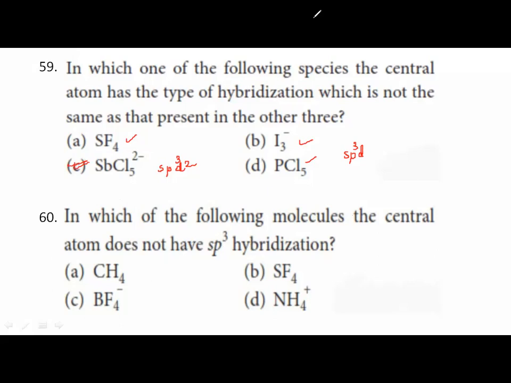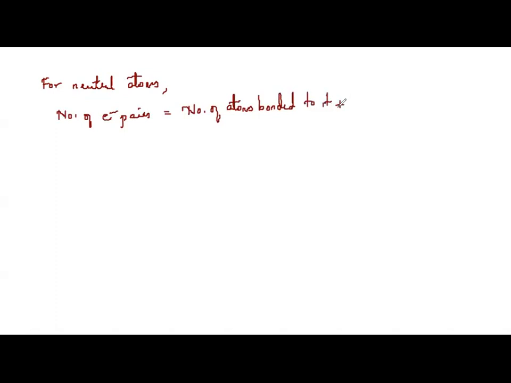CH4, SF4, BF4-, and NH4+. Please remember, for neutral molecules, the number of electron pairs is equal to the number of atoms bonded to it plus half of the group number of the central atom minus the valency of that central atom.